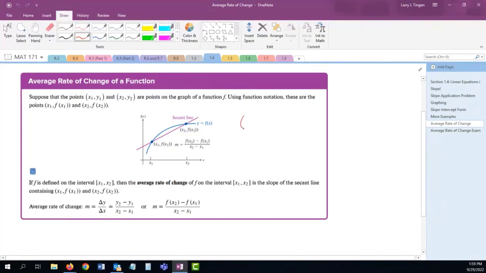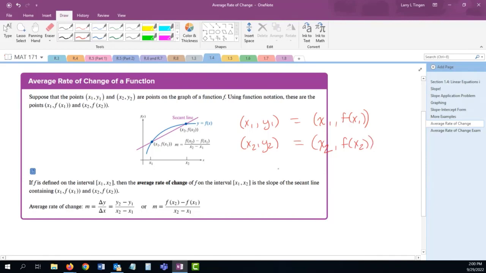This is just giving you, instead of writing it as x1, y1, x2, y2, they're writing it as x1 comma. When I plug x1 into the function f, I get out my y value that's corresponding to it. When I plug in my x2, I get out whatever I find when I plug in x sub 2 to f.